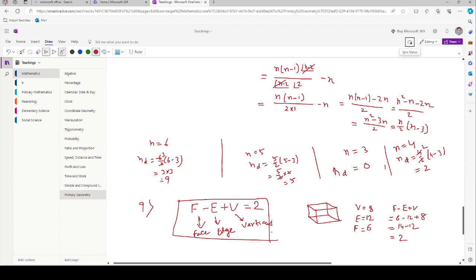And the second month of the English calendar, second, that is 2, will be equal to FEV equals 2. Now, the signs are also easy to remember. Before F, there is plus sign. After F, minus sign. After E, plus sign. So, plus, minus, plus. Now, the full relation you can remember in this way: F minus E plus V equals 2. Okay.